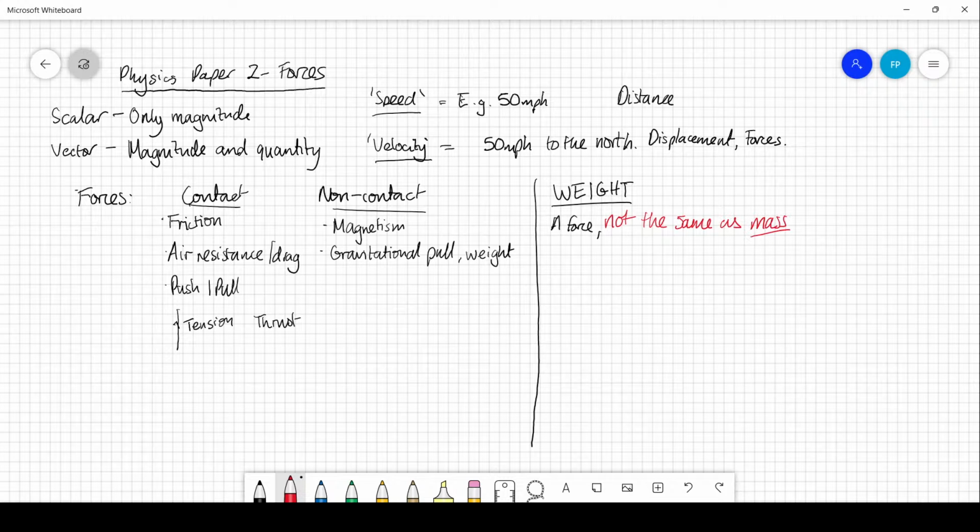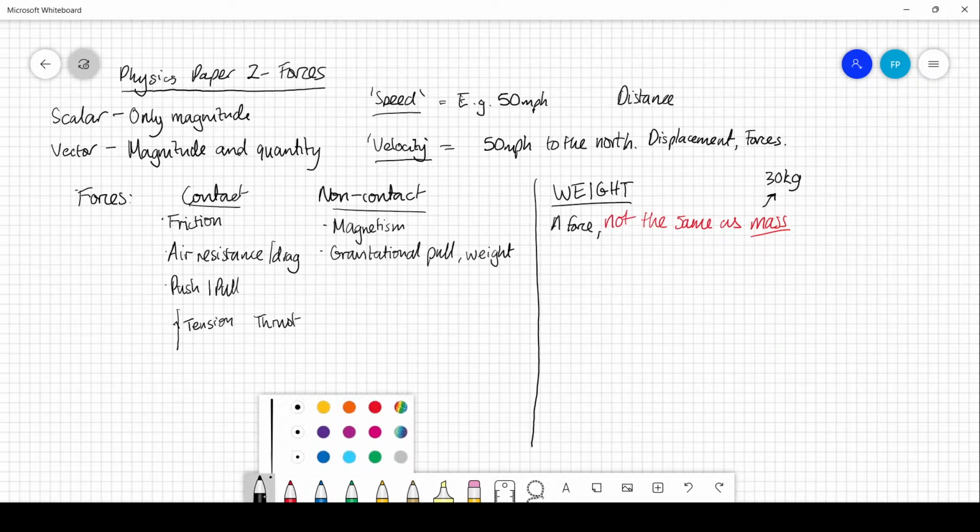After all, mass is actually the content and size of you. You could be 30 kilograms on Earth, and if you move to the moon, you're also still 30 kilograms, but your weight will be different.